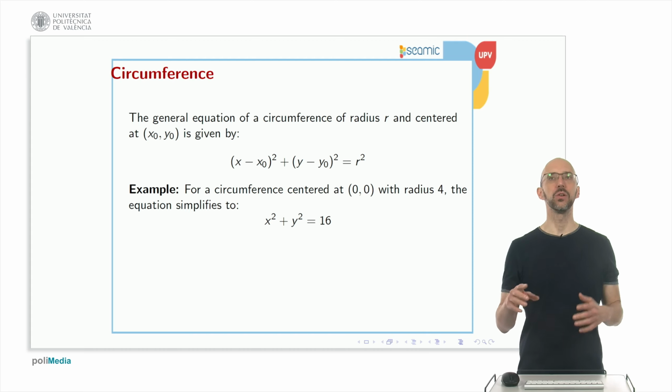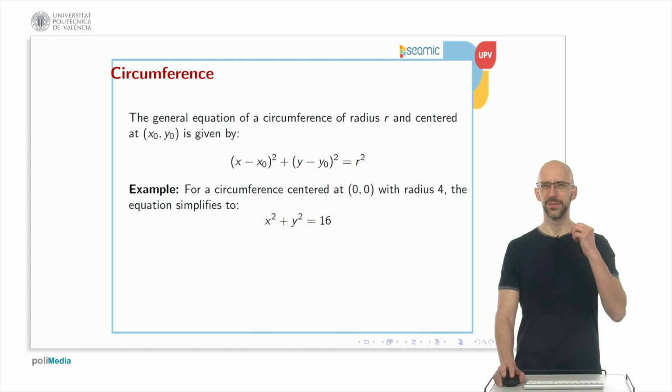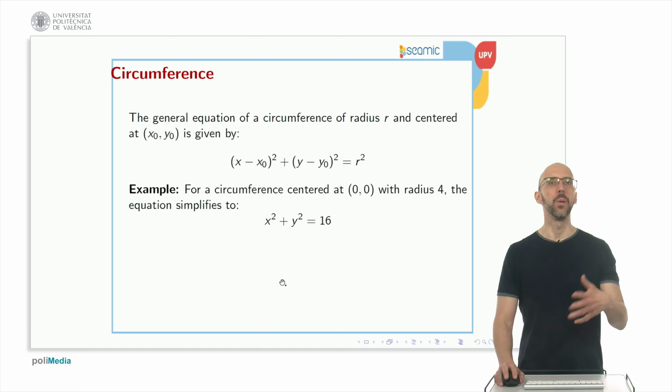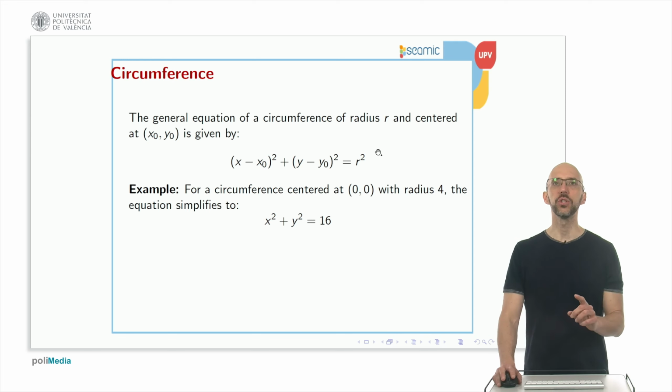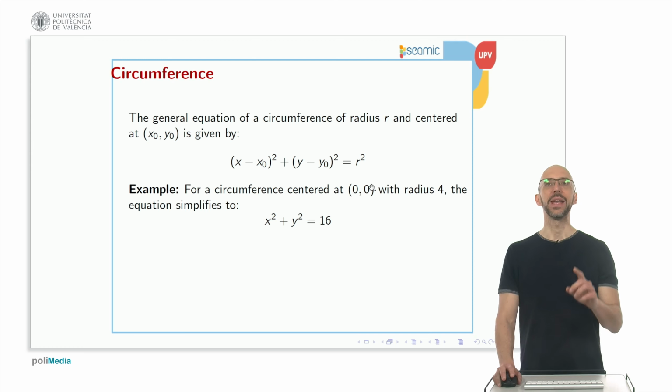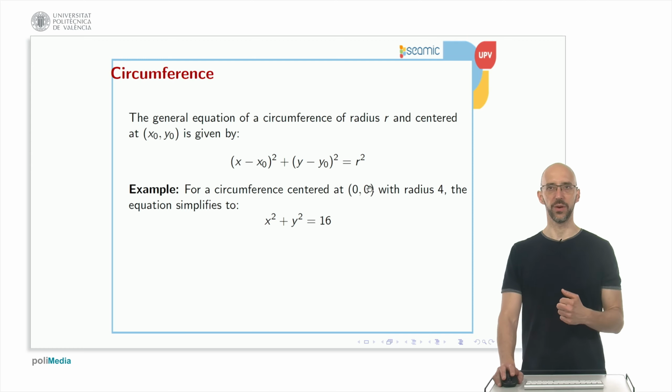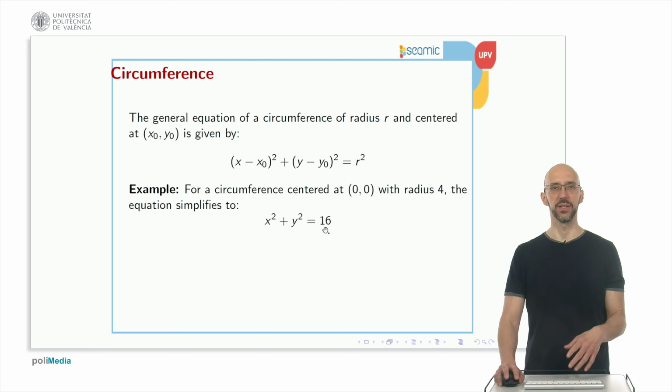And 16 is going to provide you the information of the radius. But be careful. It's a very common mistake to say, oh, the radius is 16. No, be careful. The value you see on this equation is the square of the radius. So when I see 16, the radius is 4, the square root of 16.